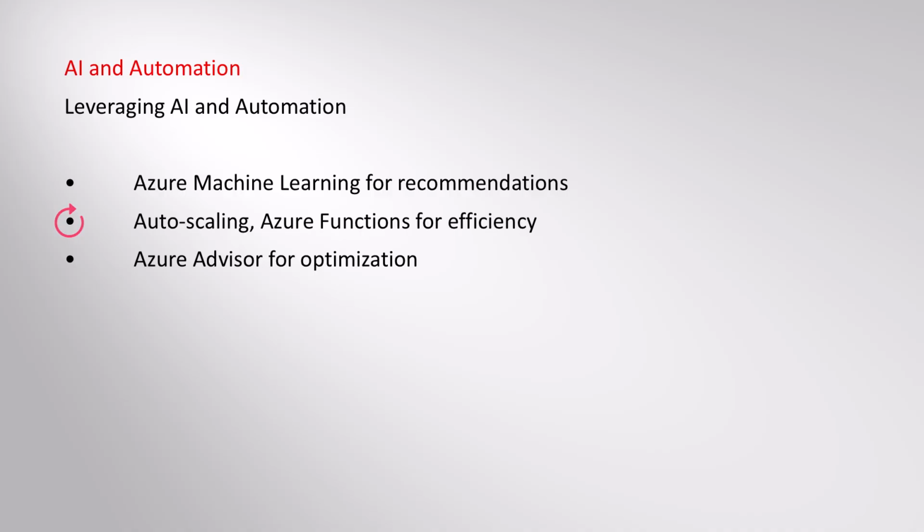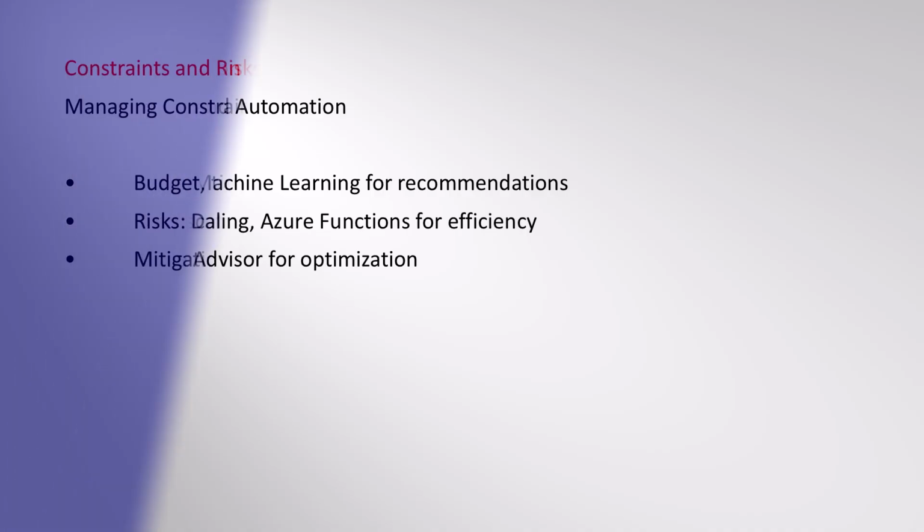Azure Advisor offers automated recommendations for cost and performance optimization. For instance, during Black Friday, autoscaling ensures the app accommodates traffic surges, while Azure Machine Learning delivers real-time product recommendations.